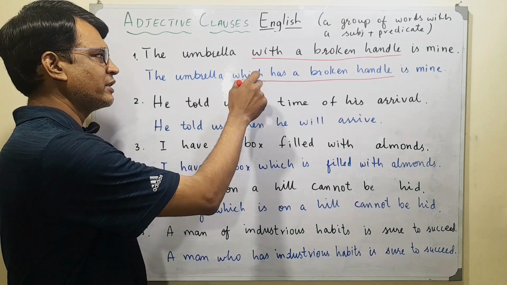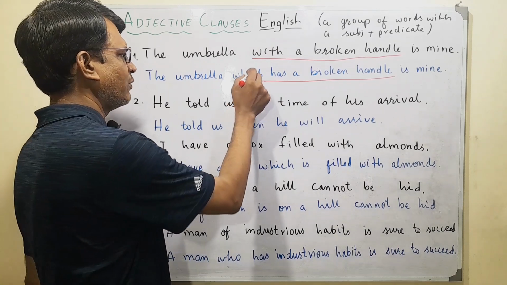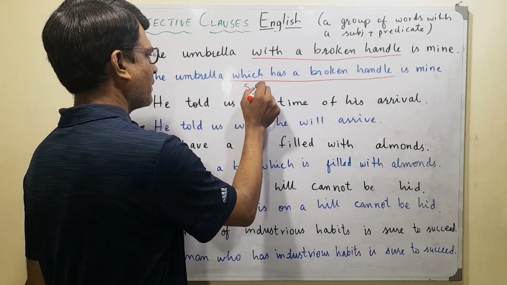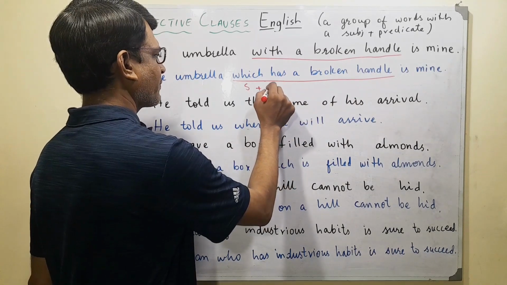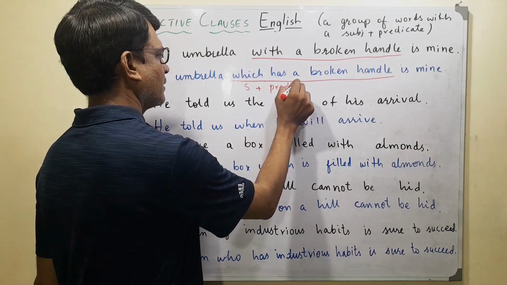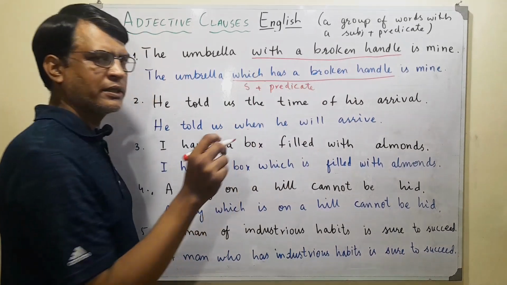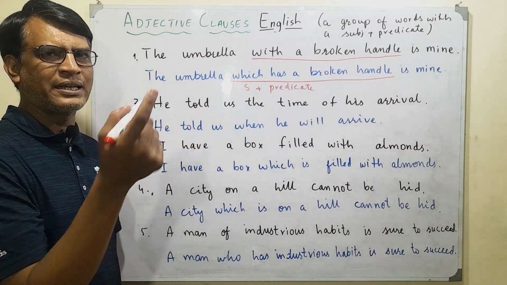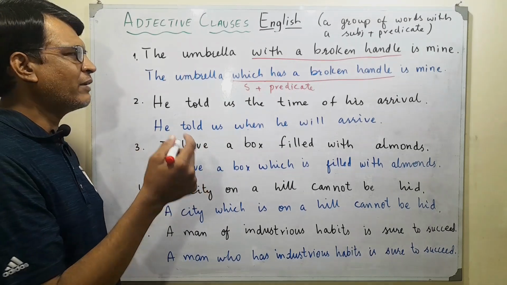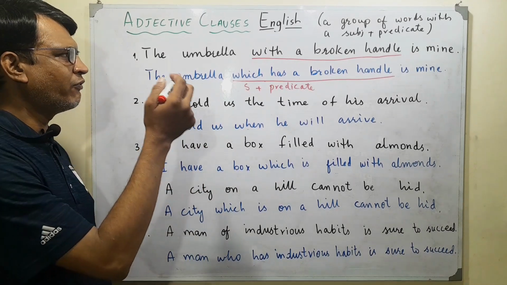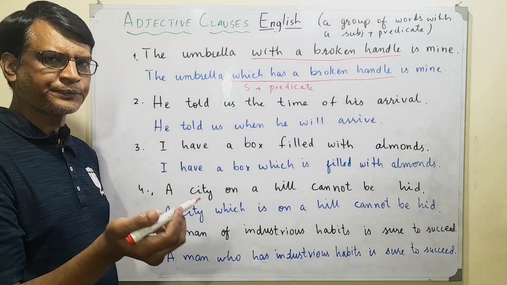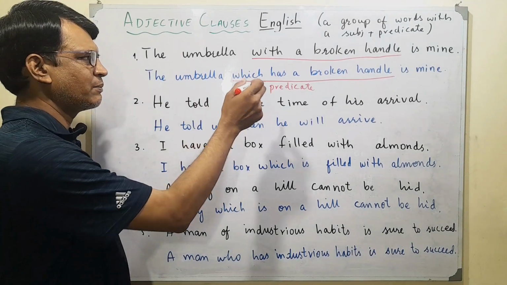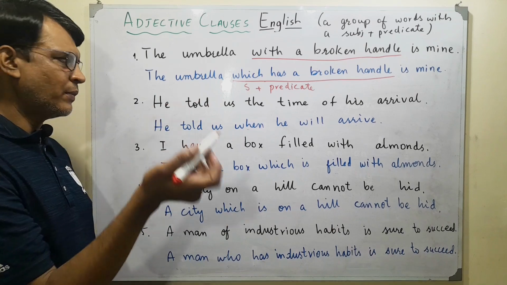But when we are changing it into a clause, we have "which" working as a subject here, plus we have the predicate. Which is a pronoun. It is used in place of the umbrella, or "it", we say. So the phrase "with a broken handle" is changed into "which has a broken handle is mine."